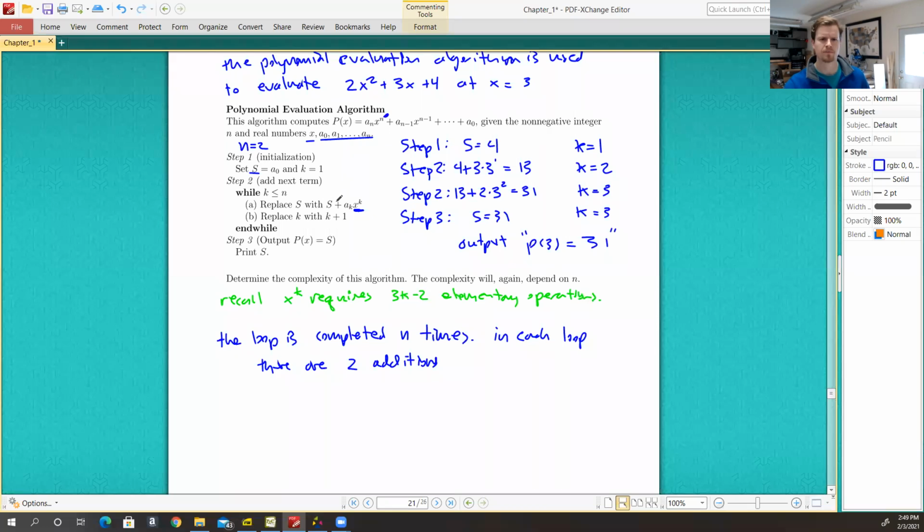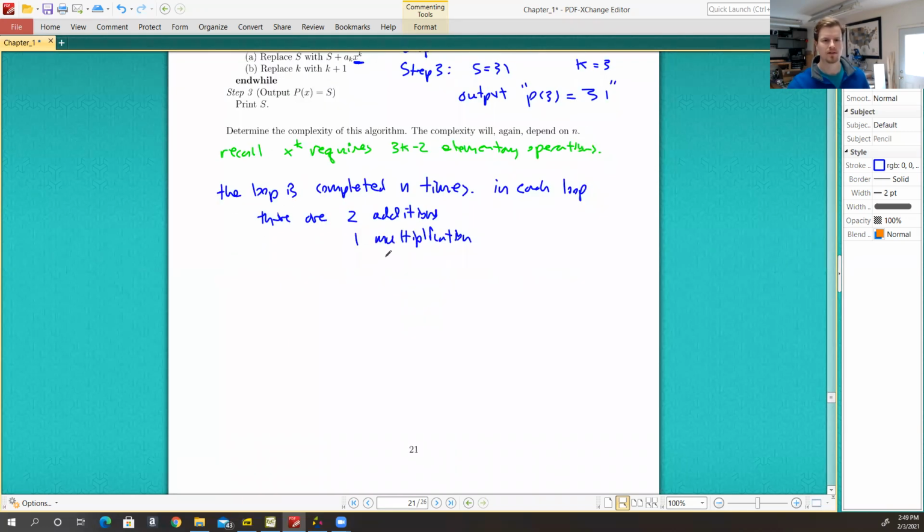Two additions, and then we have 1 multiplication, and x to the k requires 3k minus 2 elementary operations.